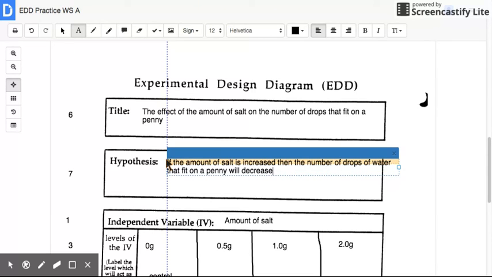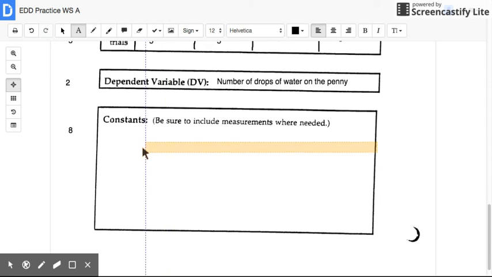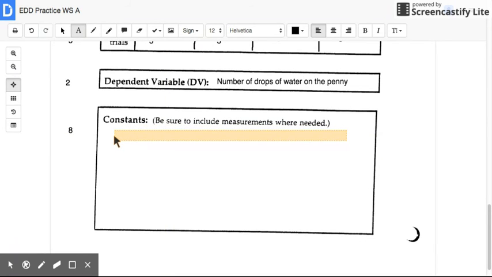And I gave it a direction there. Now, it doesn't matter if you said that this is going to increase. It may. It's your best guess, your educated guess on how it's going to affect it. And notice it's if IV, then DV. So if the amount of salt is increased, then the number of drops of water that fit on a penny will decrease. And then that leaves us with our constants.